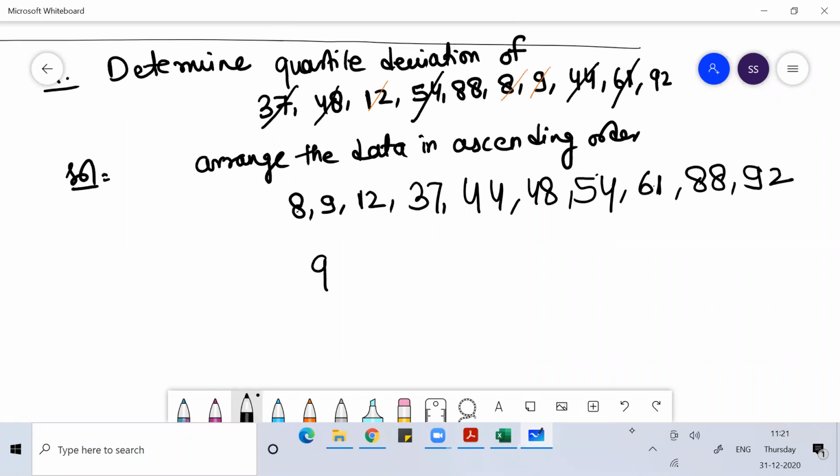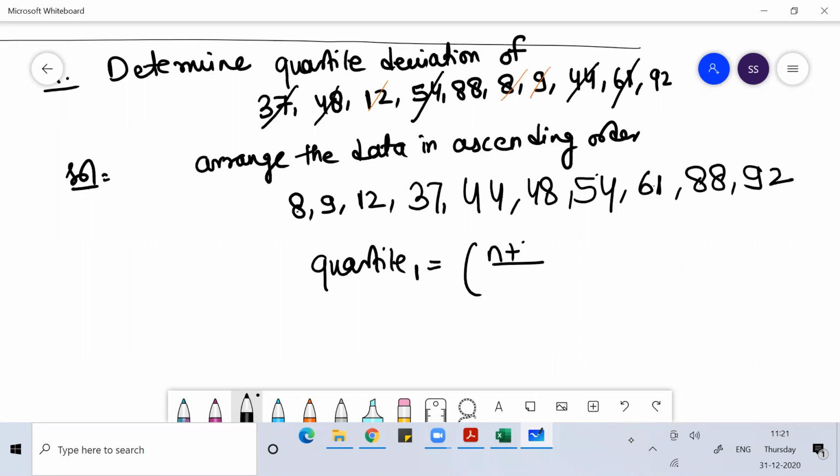When we talk about quartile 1, what is the formula?